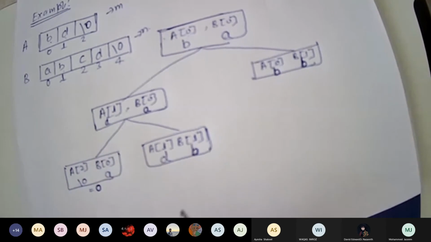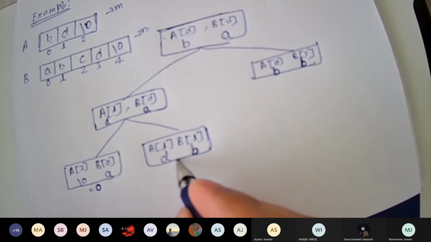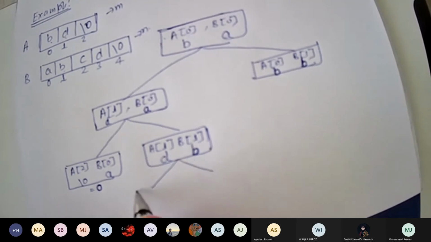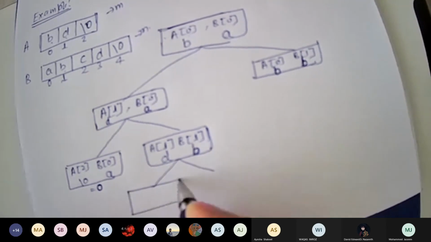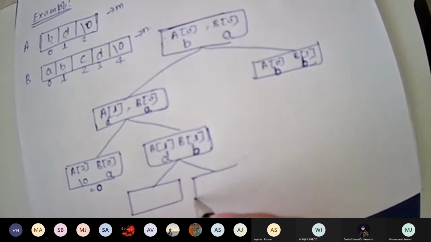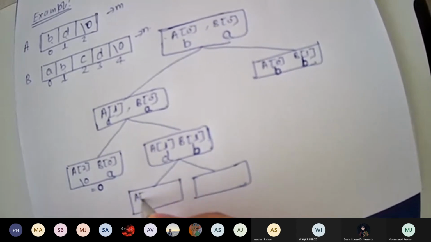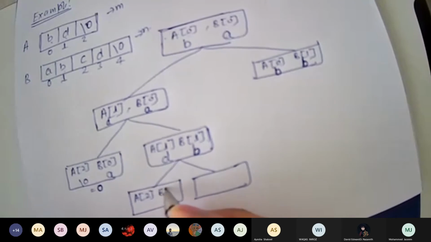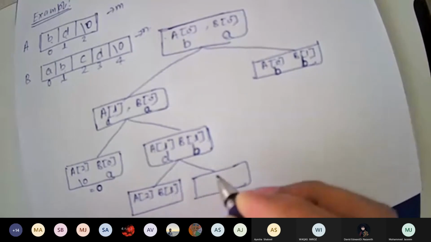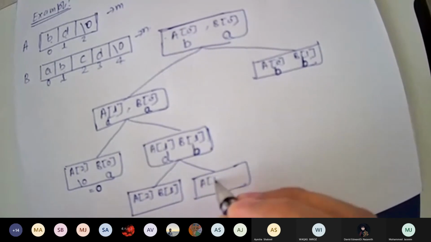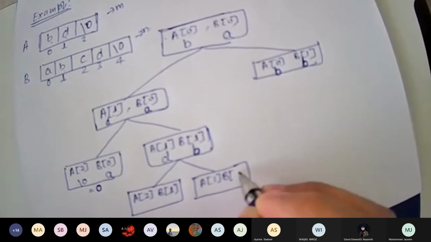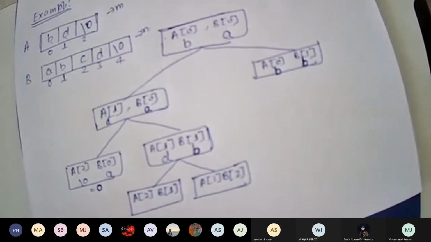Now let's come here. Again no value is 0 and it's not the same. So again it will be split into two parts. In the first, the value of I will be increased and the value of J will be the same, and in the second, the value of I will be the same and the value of J will be increased.